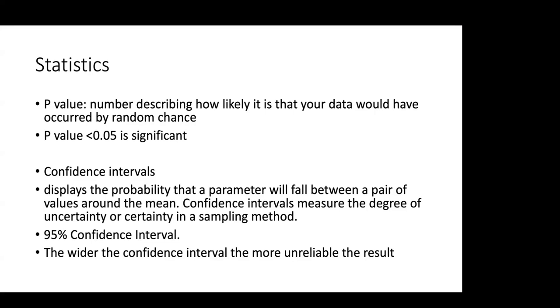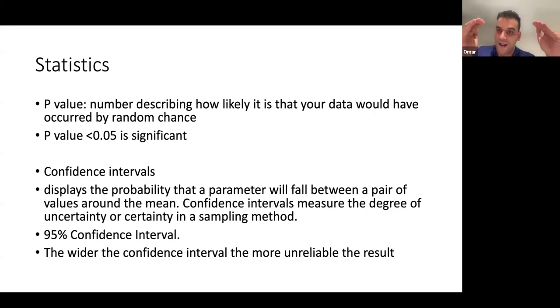Okay, good. Can you repeat again, please? Yeah. So a p-value and a confidence interval can both tell you if there is a statistical significance. A p-value of less than 0.05 tells you that the result is statistically significant. A confidence interval, if it does not cross 1, is also telling you that there is statistical significance.